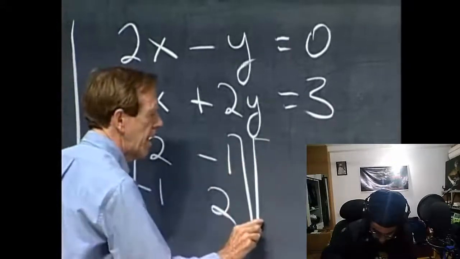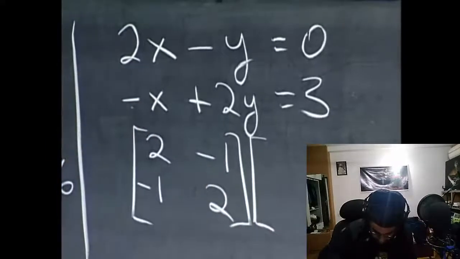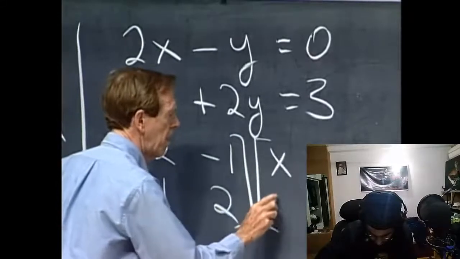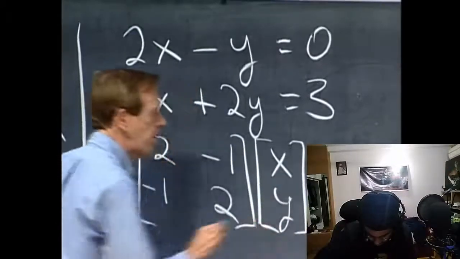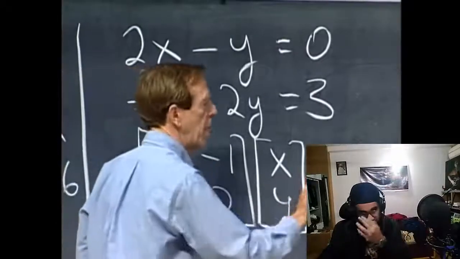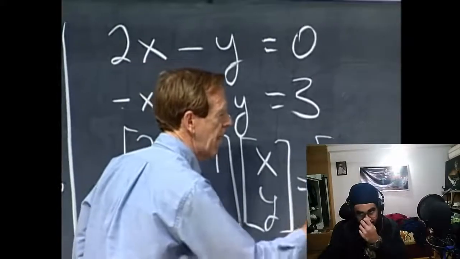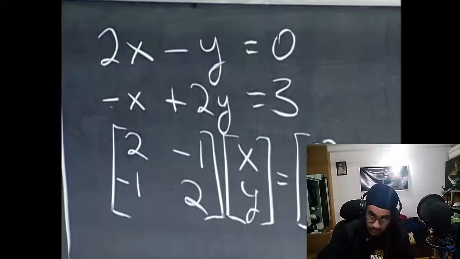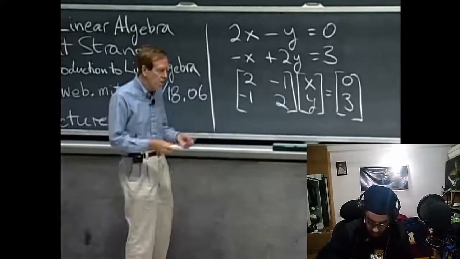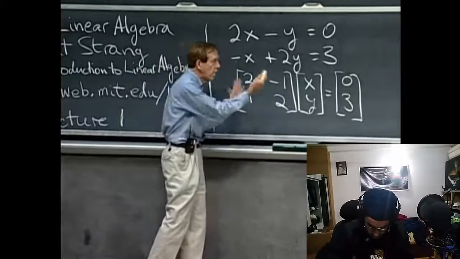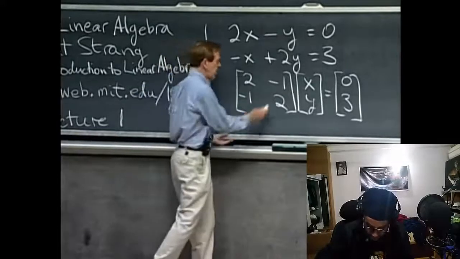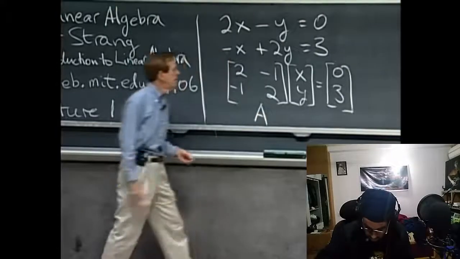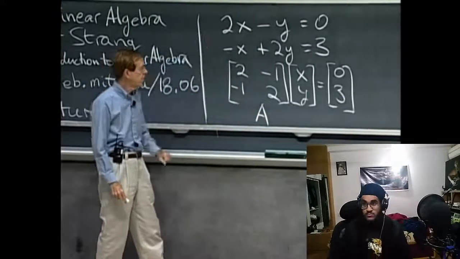And the unknown, well, we've got 2 unknowns. So we've got a vector x with 2 components, x and y, and we've got 2 right-hand sides that go into a vector 0, 3. I couldn't resist writing the matrix form even before the pictures. So I always will think of this as the matrix A, the matrix of coefficients.